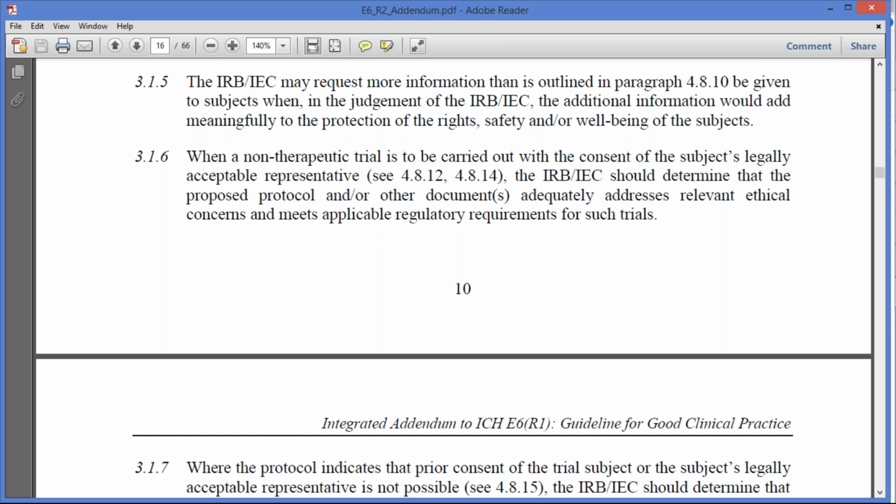IRB should determine that the proposed protocol or the documents adequately address the ethical concerns and meet the applicable regulatory requirements for such trials. So when a phase 1 trial is to be carried out with the consent of the subject's legally acceptable representative, IRB should address which document, which protocol content addresses this point.